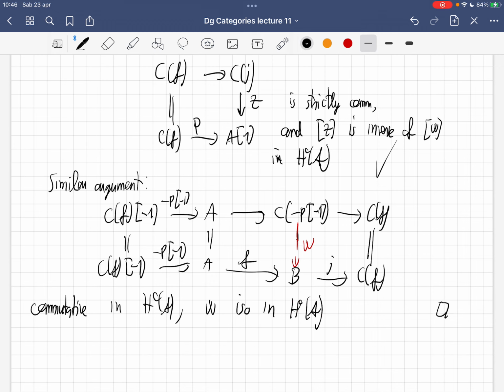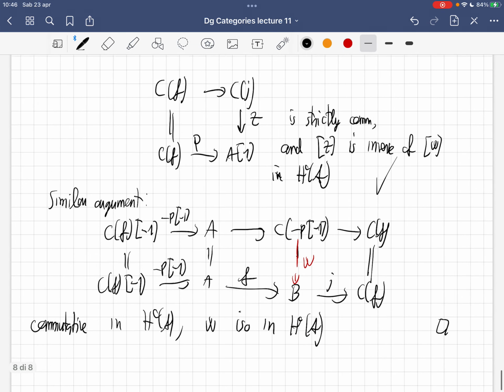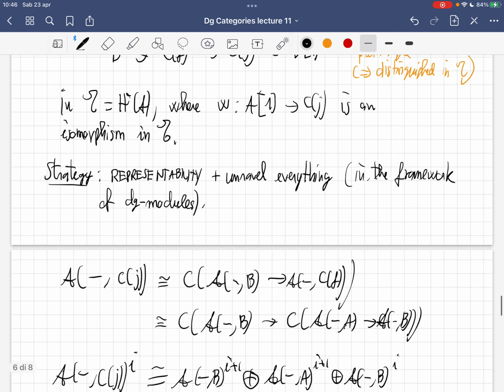Yeah, and this is it. You can check this, it's a similar strategy, probably kind of boring too, but it works. So in the end, you see the result itself.